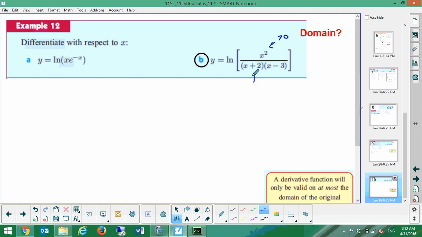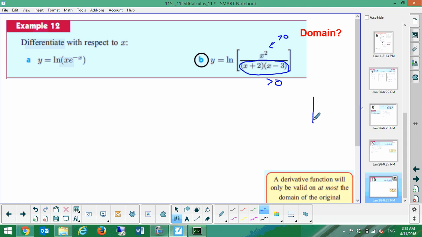But this part here is saying, remember we can't have that undefined, so we need all of that greater than 0 and not equal to 0. So I need to make sure all of this denominator part now has to be greater than 0.